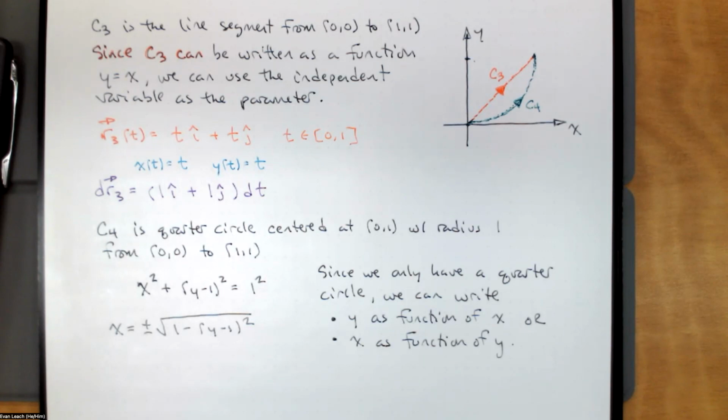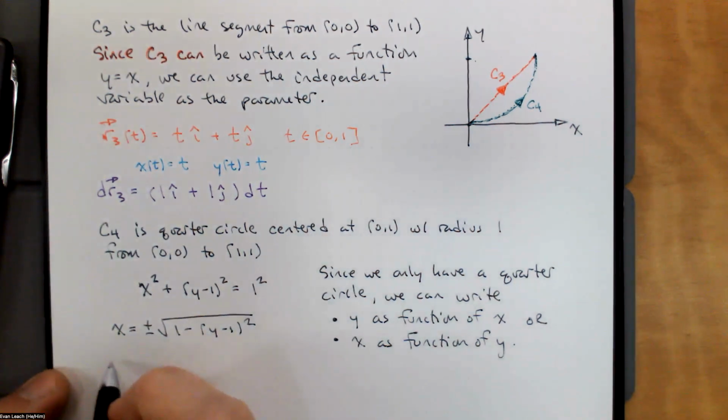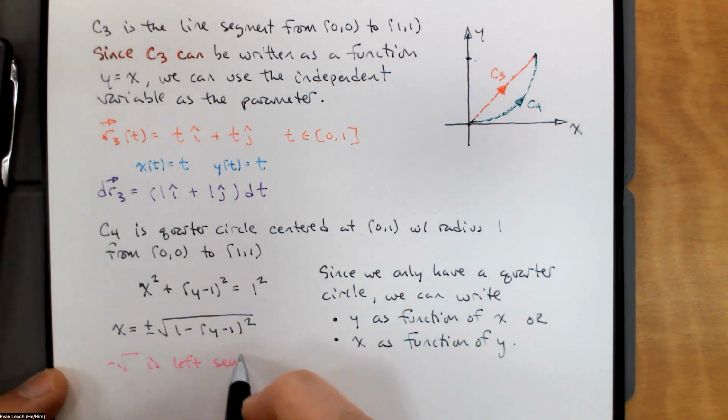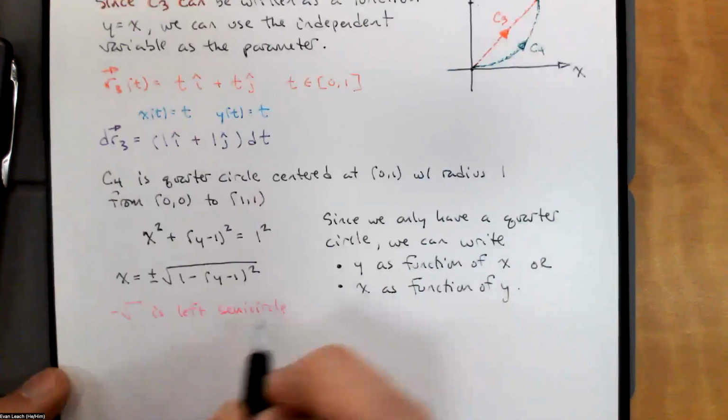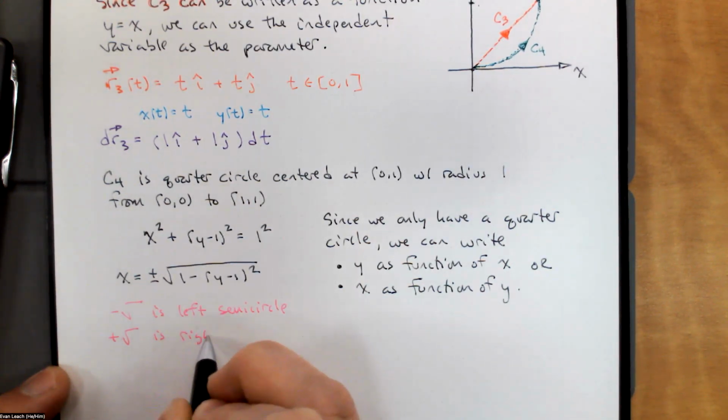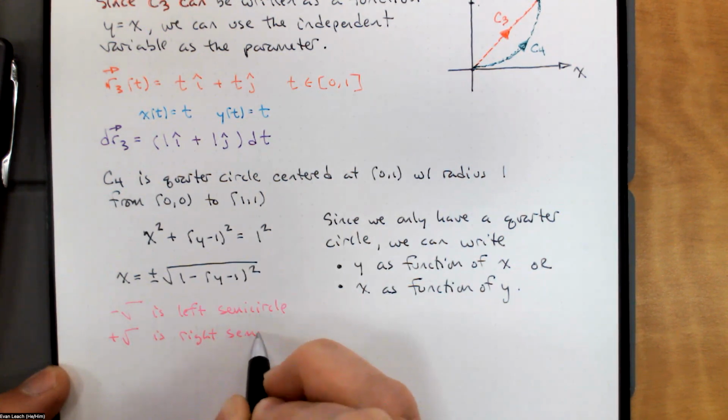The left semicircle for the negative square roots, and the right semicircle is the positive square root. So the negative square root is the left semicircle. And the positive square root is the right semicircle.